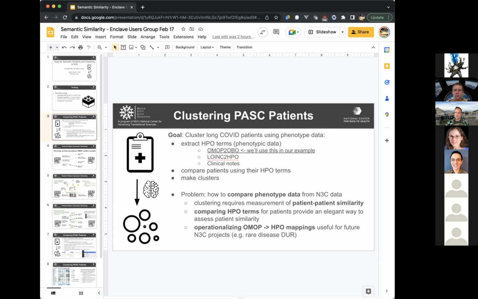It's designed to describe disease symptoms. So as Justin was saying before, if you have a blood sugar test and the result is normal, there's no term in HPO for normal blood sugar. There's a term in HPO for high blood sugar. There's a term in HPO for low blood sugar, but there's no term in HPO for normal blood sugar.